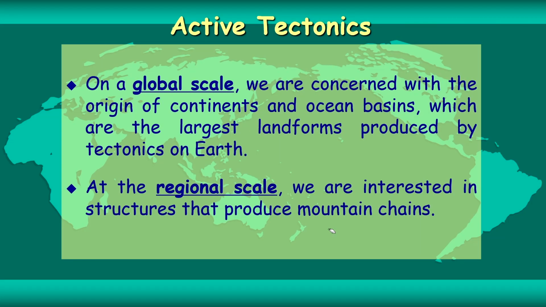So active tectonics also helps us understand what processes have happened in the past and caused the formation of these landforms on global and regional scale. Further, if you move, we come to the local scale. So from global to regional to local.